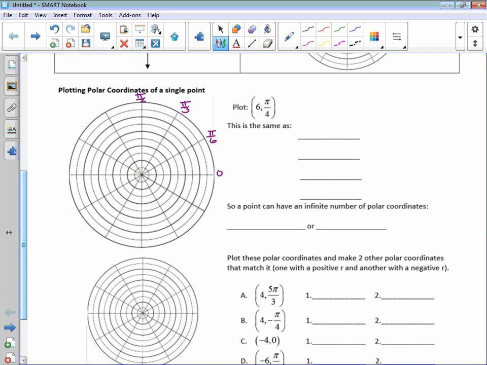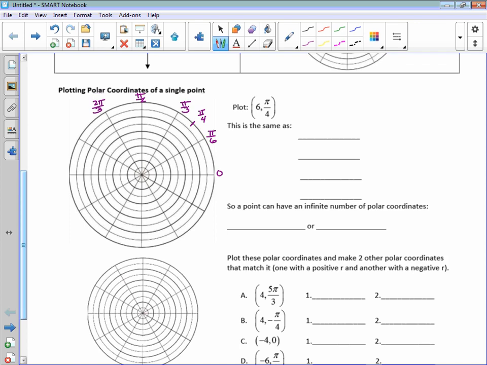Just so you guys can see them. 2 pi over 3. You could keep going all the way around. What has been skipped? Pi over 4. Where would that go? Okay, just making sure you guys know where that is. All right. So again, this corresponds very nicely to your unit circle.